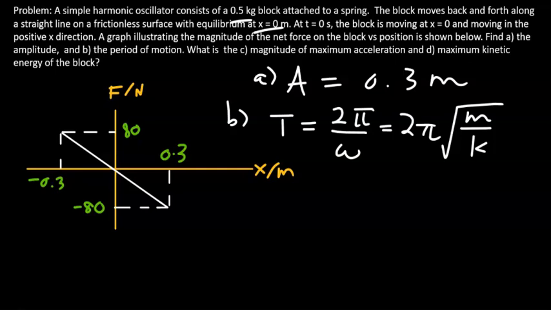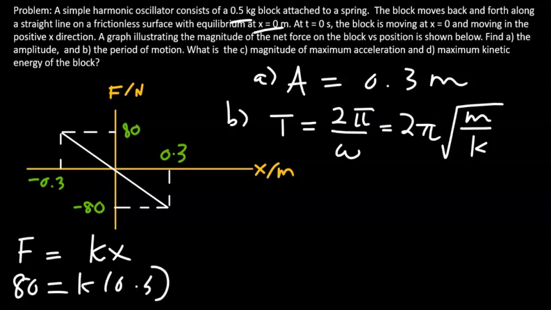Well, we just use Hooke's law that we talked about a few minutes ago. F equals kx. I'm talking about the magnitude of F, so there is no need to put the negative sign there. From the graph, when F is 80 newtons, x is 0.3 meter. So that means k is 267 newton per meter.